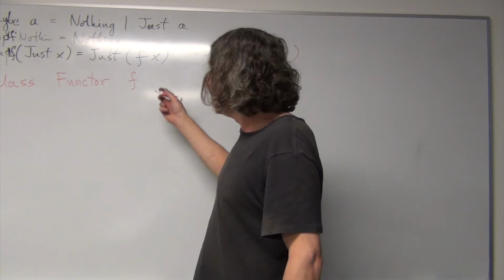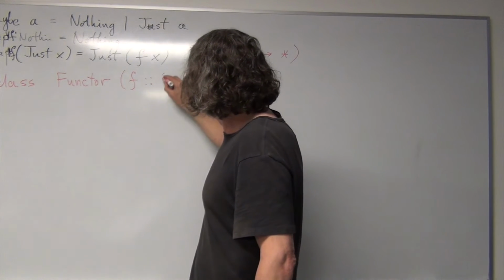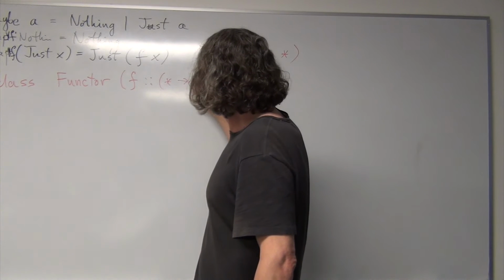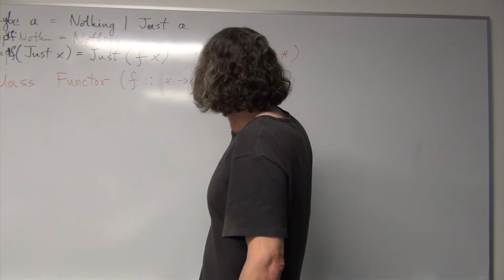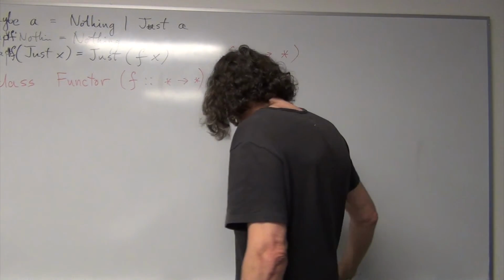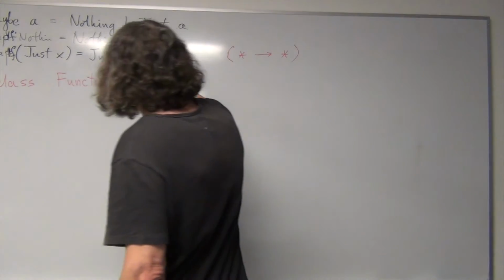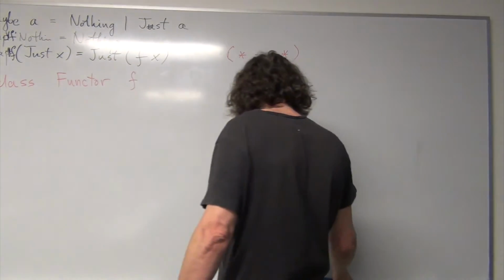And I could, in principle, say f :: star arrow star, but I don't need it. It's possible to say that, but the compiler doesn't really need it. I'll show you why. It will figure it out.